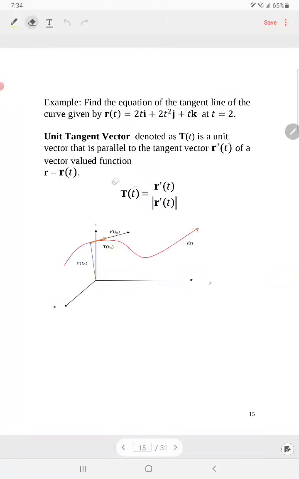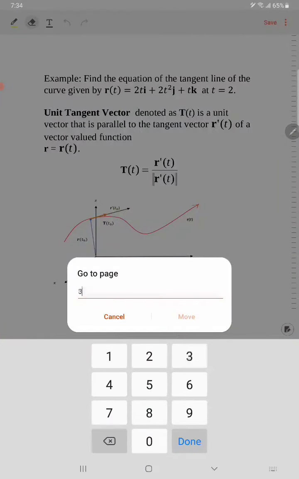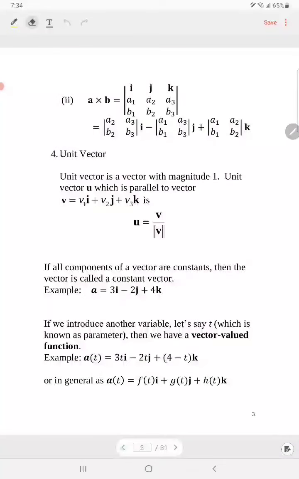So if you want a vector that is parallel to r prime, but you want it to be a unit vector, what you do is you divide the tangent vector by its magnitude. So unit tangent vector is equal to r prime divided by the magnitude of r prime. Remember, for unit vector, let me refresh your memory on the revision.